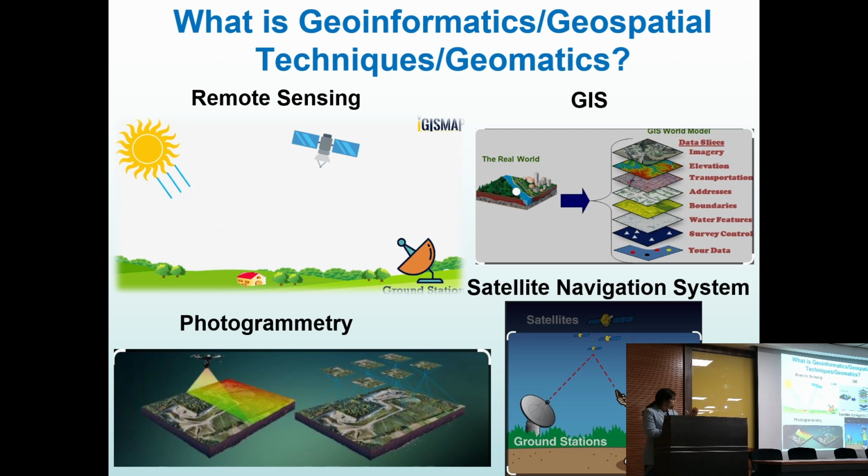So next in the geospatial techniques is GIS, and today we will discuss it in detail. Basically, for any geospatial project, you have to use at least three things: remote sensing, GIS and GPS.